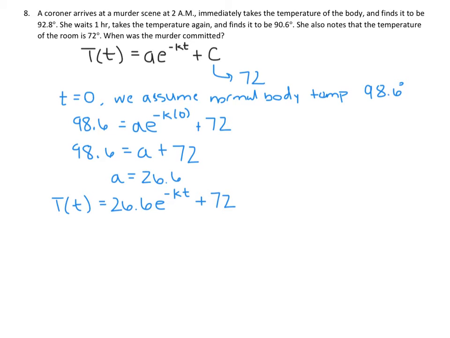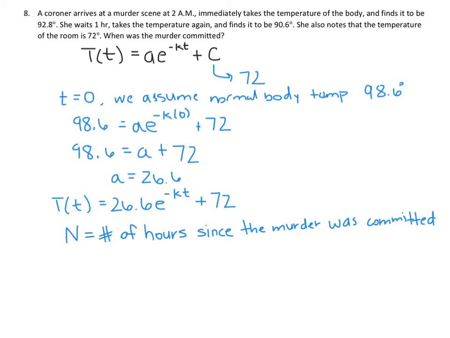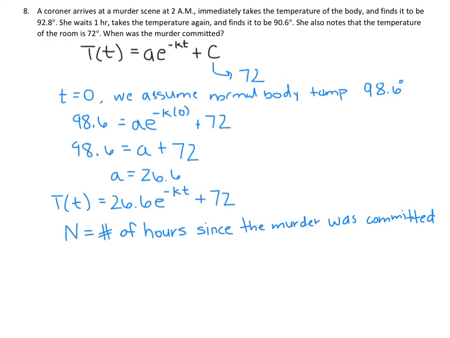So what I'm going to do here is let capital N equal the number of hours since the murder was committed. So we are trying to determine N, to determine when the murder was committed. And we know that at time N, which we don't know yet, the coroner found the body temperature to be 92.8 degrees.